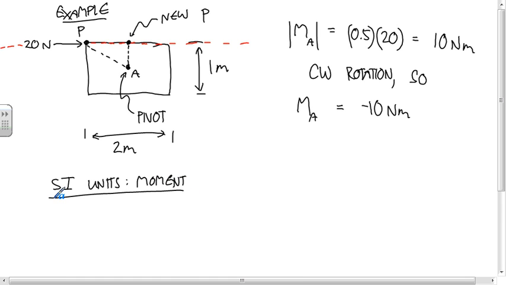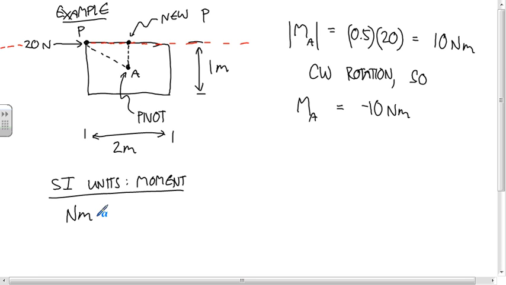And the SI units for moment are Newton meters. We've seen a quantity with units of Newton meters already. Do you remember what that is? That might be right, I didn't hear. But let's say that it is. Energy.